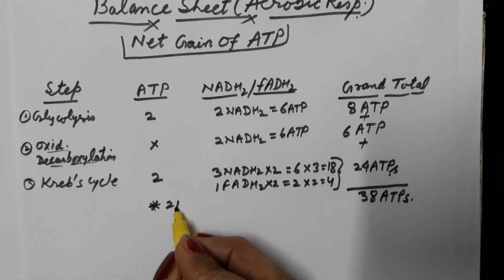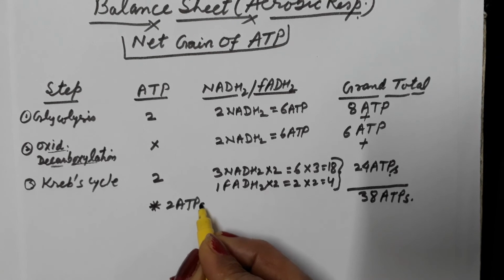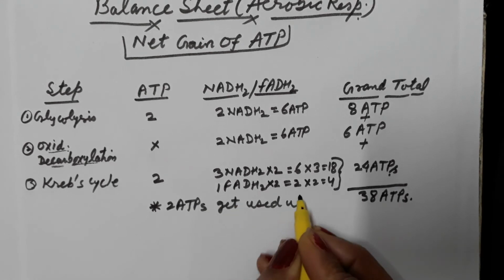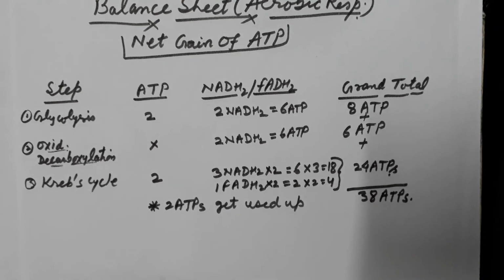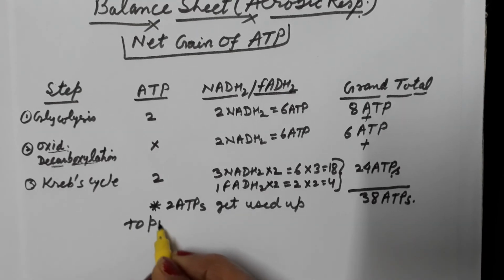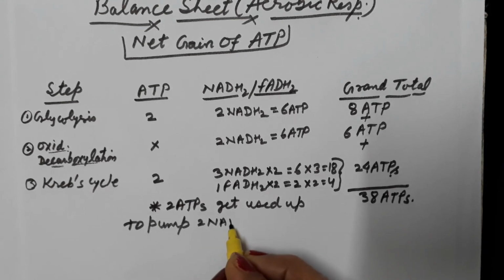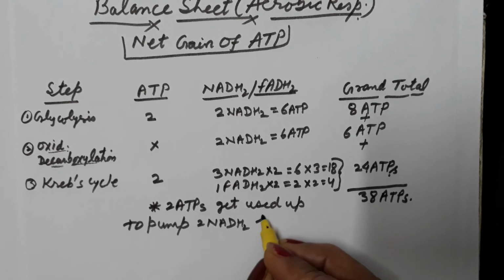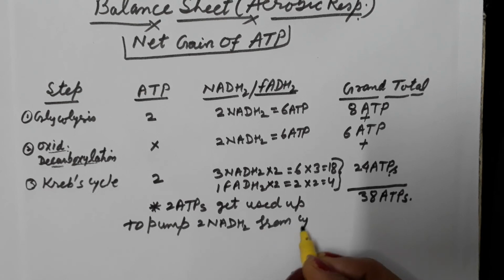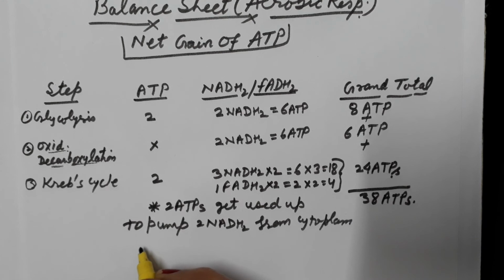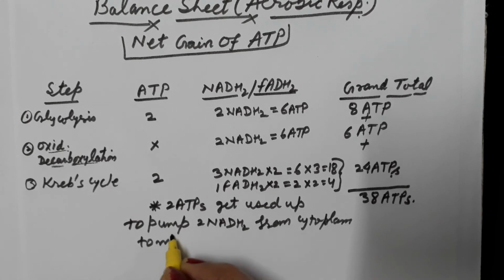So 2 ATPs get used up to pump 2 NADH2 from the cytoplasm to the mitochondria.